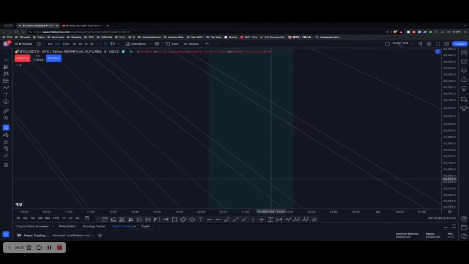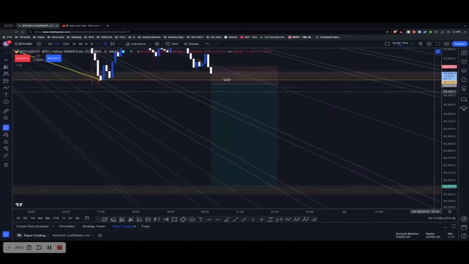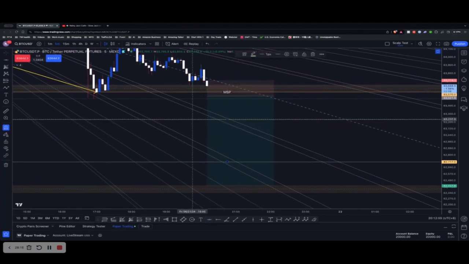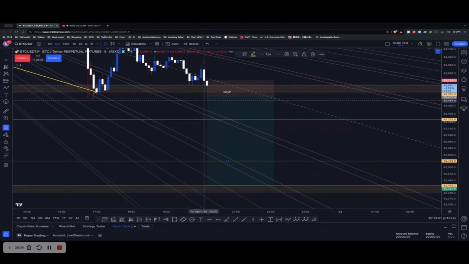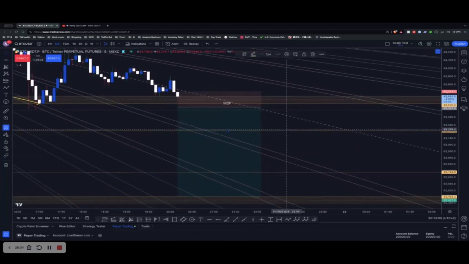And if it continues to break out, it'll probably hit something like this too. So we have really two TP levels. You can really use this for TP, right? So TP1, TP2, depends on if it breaks this and goes down, and then TP3, obviously down here. So you can use the fan to get an idea of how to TP this thing.